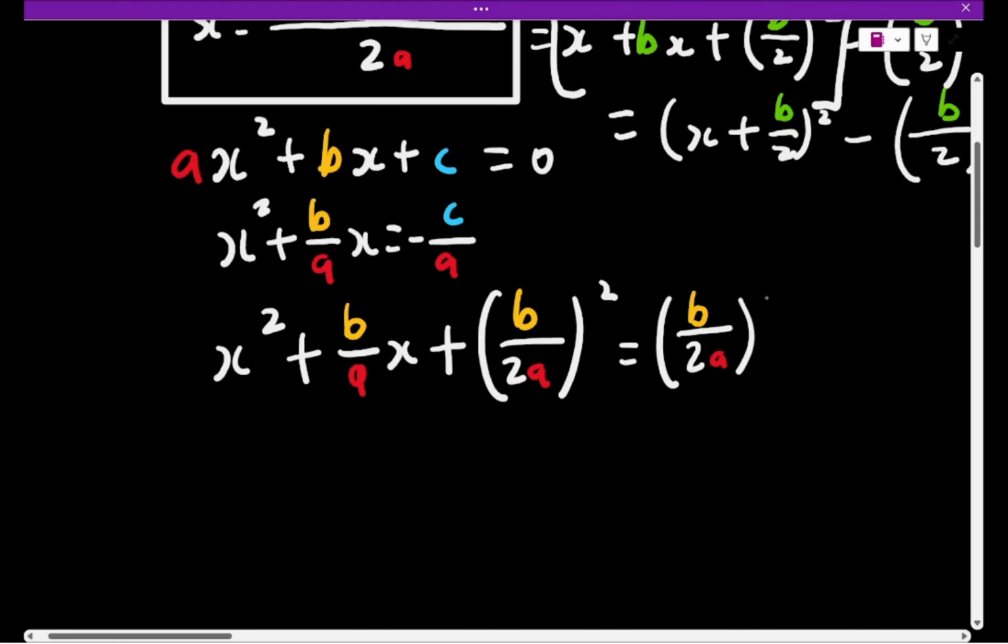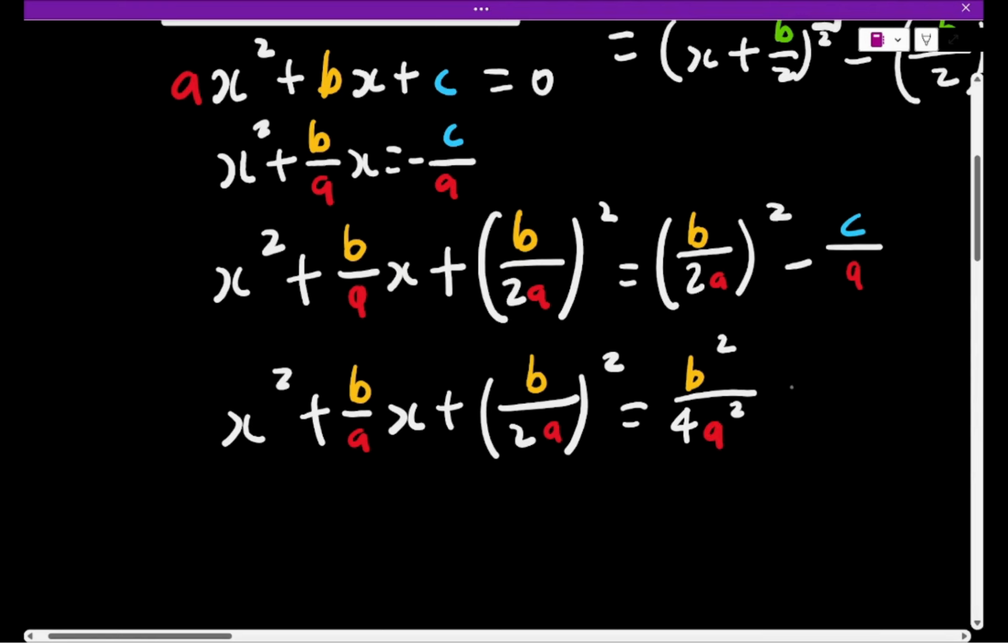Alright, let's go ahead and simplify this side right here. So this is going to be x squared plus b over a times x plus b over 2a, as usual. To simplify this right here, just square the numerator and denominator. b squared is, well, b squared, and 2a the whole thing squared is just going to be 4a squared.